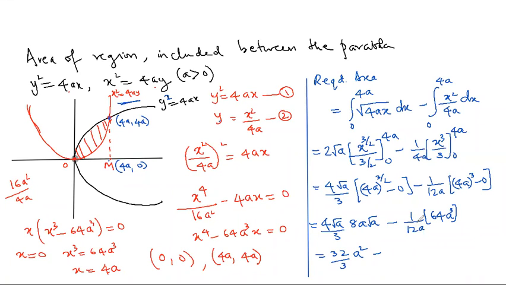So 64, if I divide by 4, and 12 by 4 is 3. 64 divided by 4 is 16. So 16 by 3, a square. So when you take the difference, 16 by 3, a square, square unit. Is it okay? 16 by 3, a square, square unit. Okay.